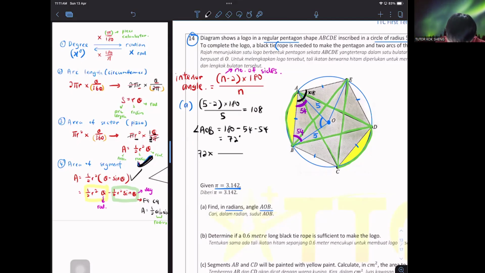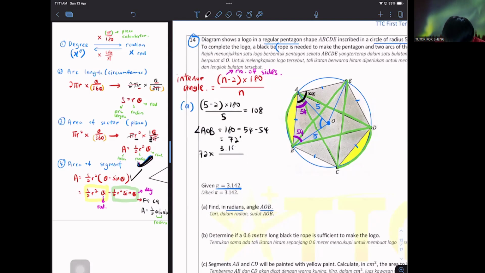Convert to the radian. Pi. Eh, what happened to my pen? Okay.